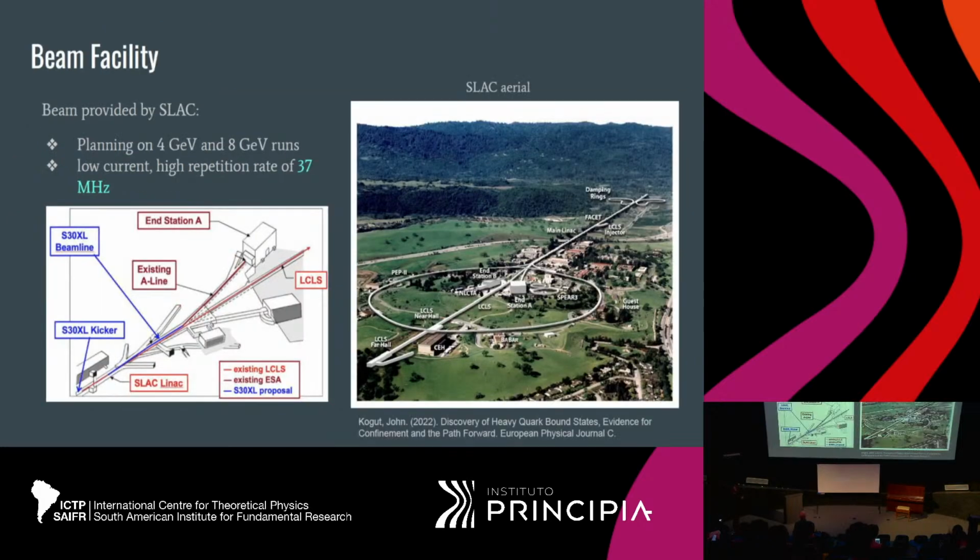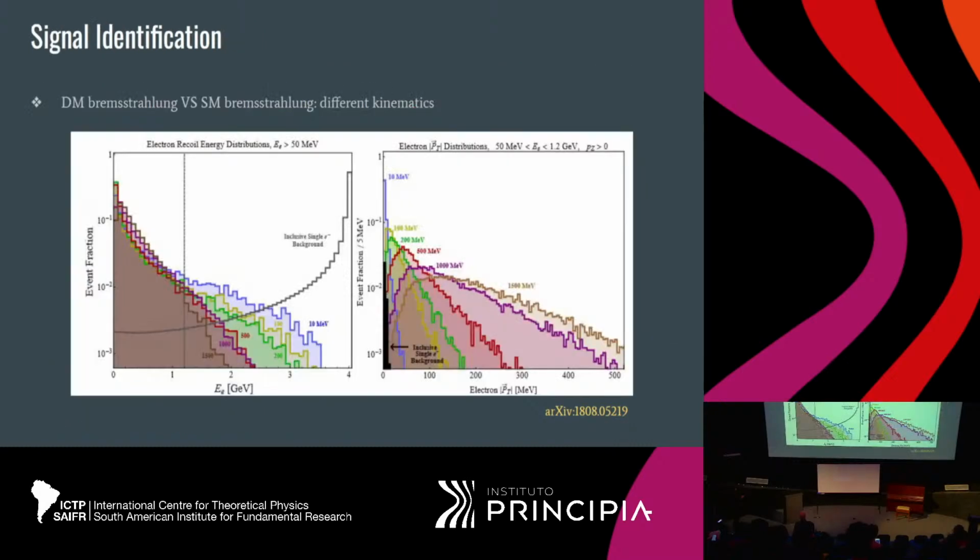Instead, if you look not at the missing energy, basically the energy of a scattered particle, but at the momentum, you can see that there is a significant difference, because we expect the transverse momentum of a recoiled electron from dark matter to be significantly larger, and for normal Bremsstrahlung, the electron just goes straight. So this is the reason why this helps.